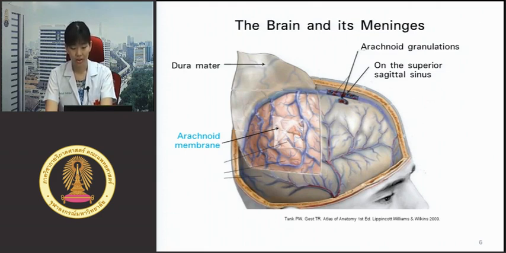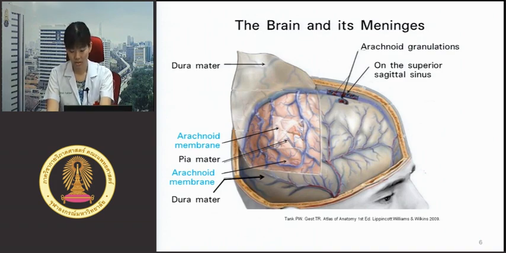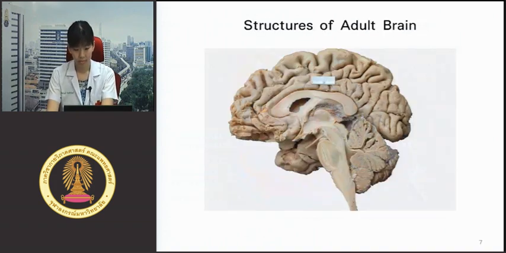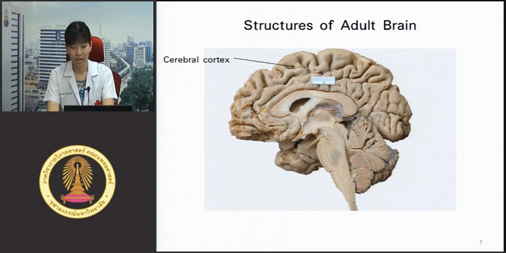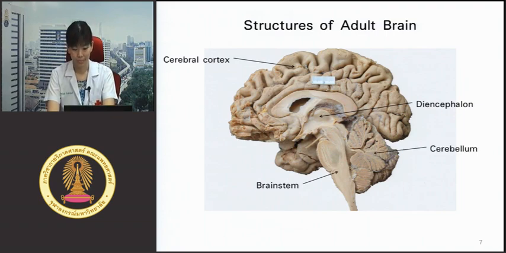On the posterior part of the brain, 3 layers of the meninges are shown from the innermost to the outermost layer respectively: the pia mater, the arachnoid membrane, and the dura mater. The brain is composed of cerebral cortex, diencephalon, brainstem, and cerebellum.